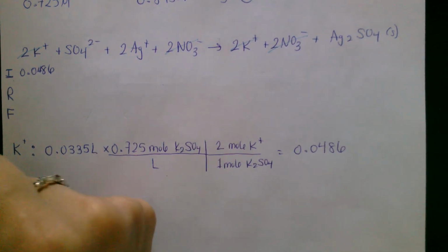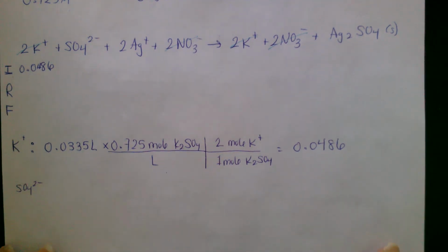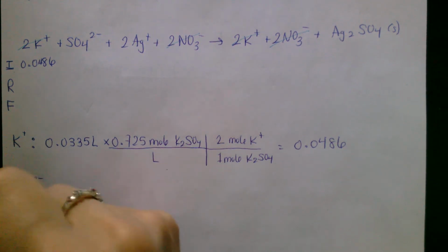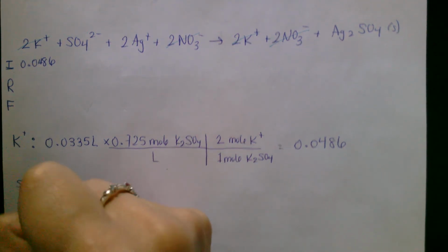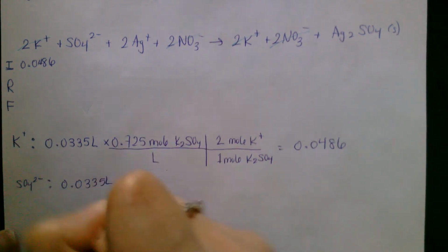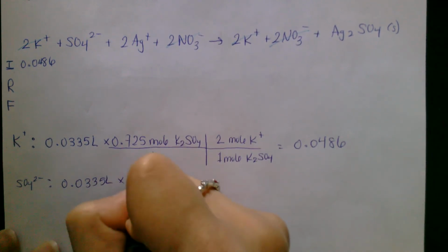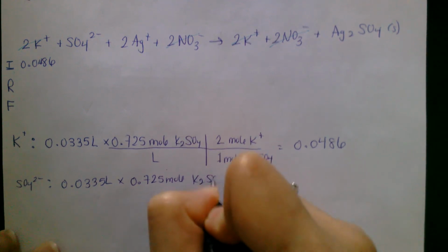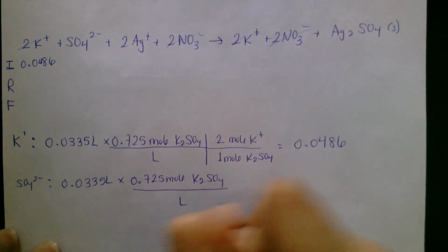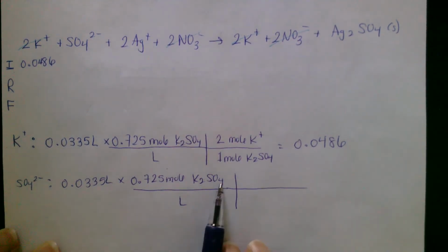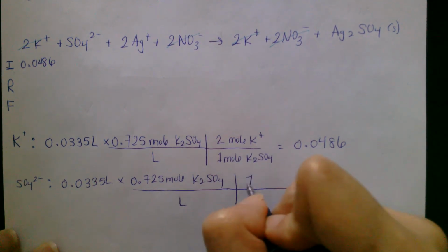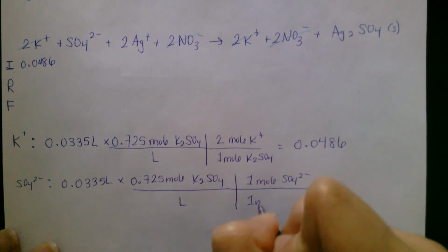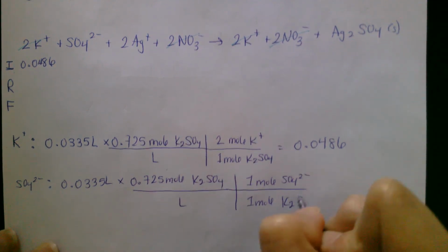Okay, so next we have sulfate, SO4 2 minus. It comes from the same compound, so we have 0.0335 liters times 0.725 mole of K2SO4 for every liter. For this one, our ratio is 1:1, so we get 1 mole of sulfate for every 1 mole of K2SO4.